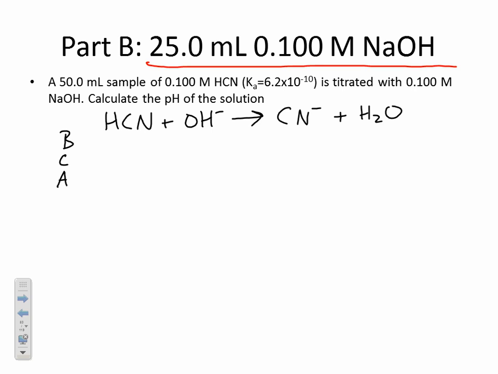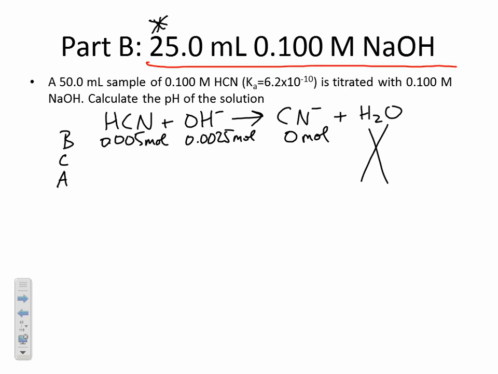Initial moles of HCN coming from the volume and molarity, 0.005 moles. And then now we're at 25 milliliters of 0.1 molar, so this is 0.0025 moles. I don't need to fill out a column for the H2O because it does not influence pH, but I do need to fill out a column for the cyanide ion. It is a weak base, so it does influence pH.